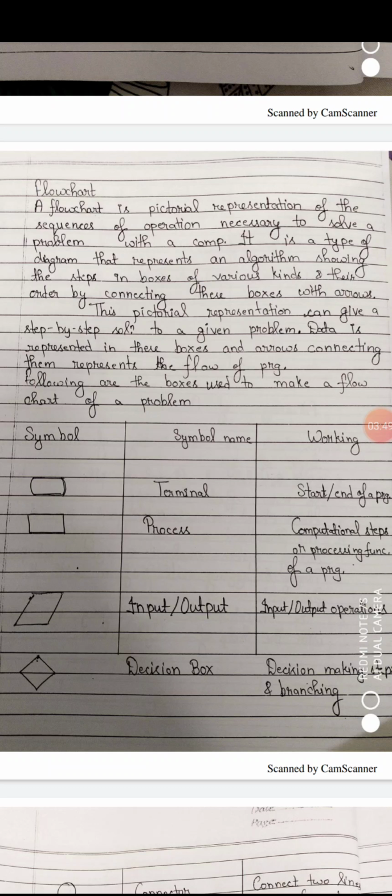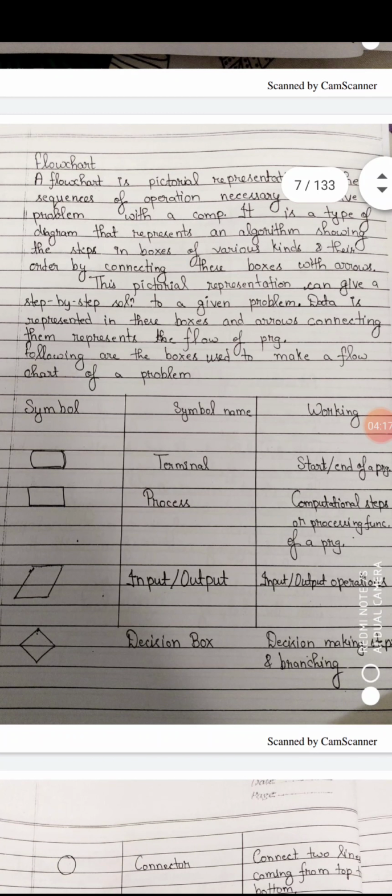Now after the terminal box, if we are following some computational steps in our solution, like arithmetic expressions or other expressions, then we can write those processing steps in the process block.